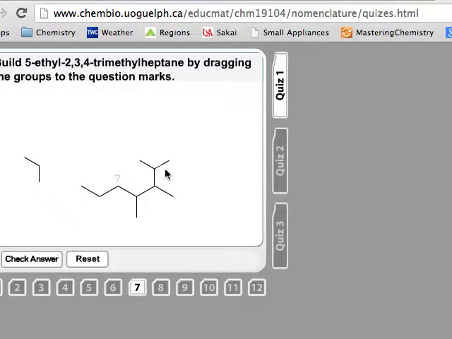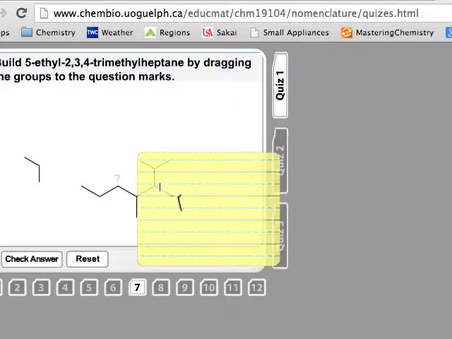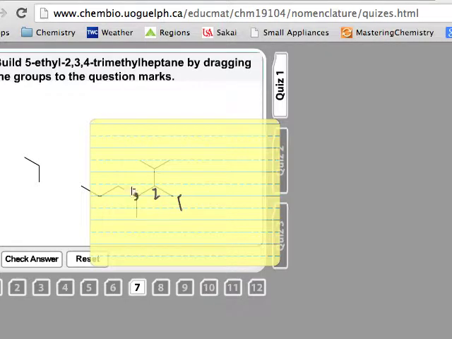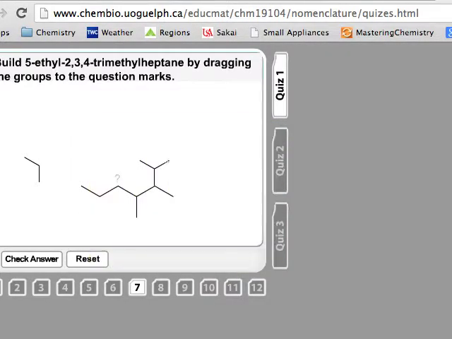So let's just look at that. And I start numbering it. If I number it from here, then it's 1, 2, 3, 4, and that doesn't work, because isopropyl isn't part of my name.